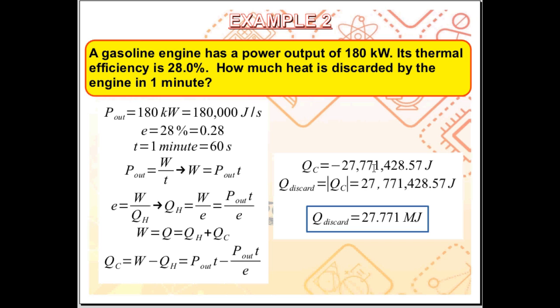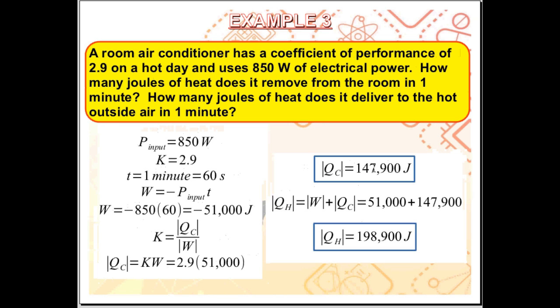And finally, we have the last example, example number 3. A room air conditioner has a coefficient of performance of 2.9 on a hot day, and it uses 850 watts of electrical power. How many joules of heat does it remove from the room in 1 minute? And how many joules of heat does it deliver to the hot outside air in 1 minute?